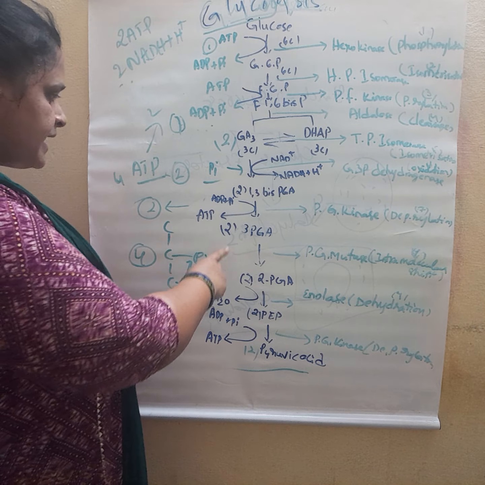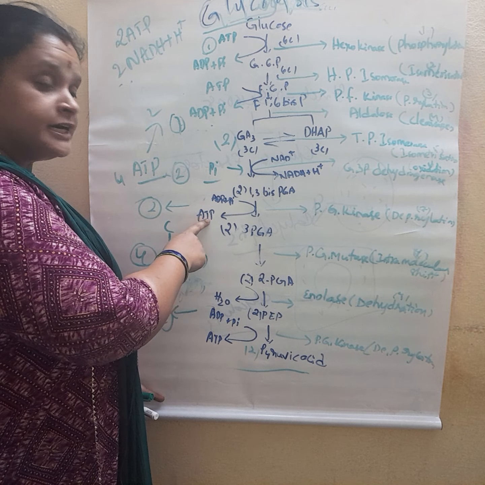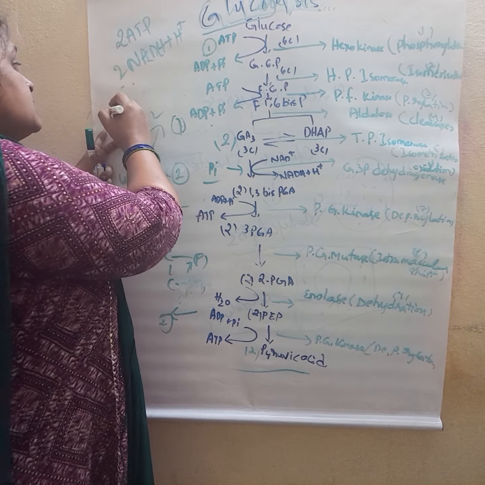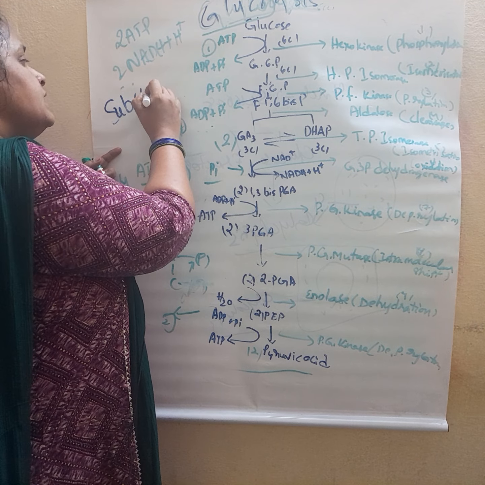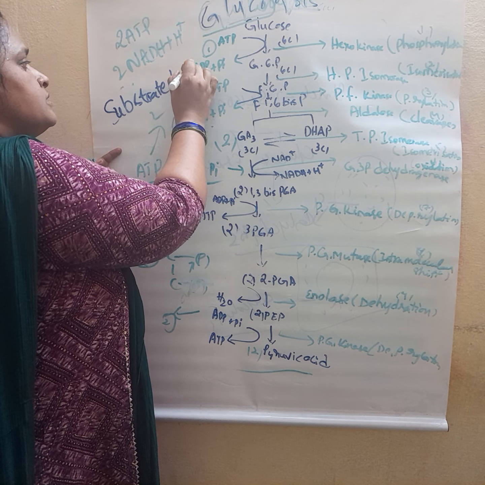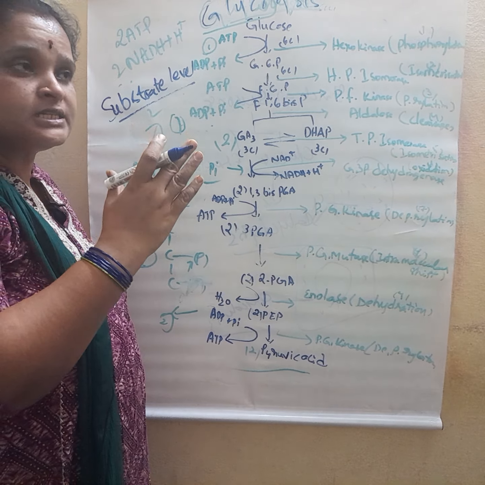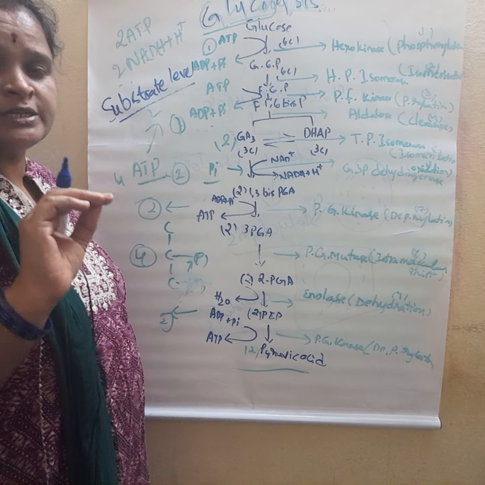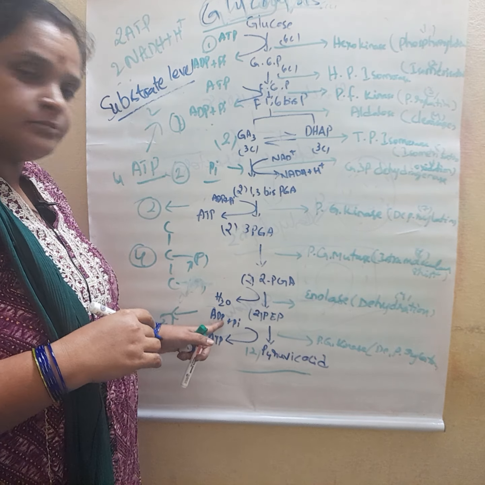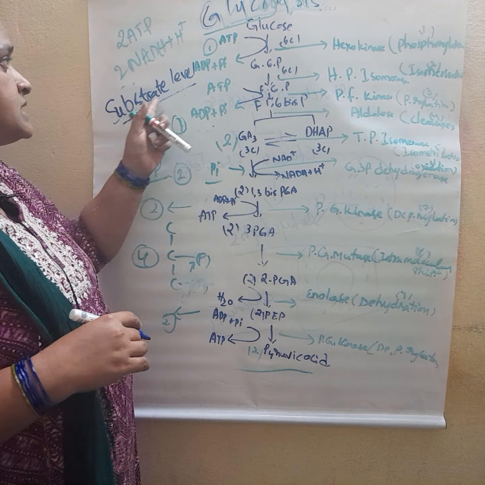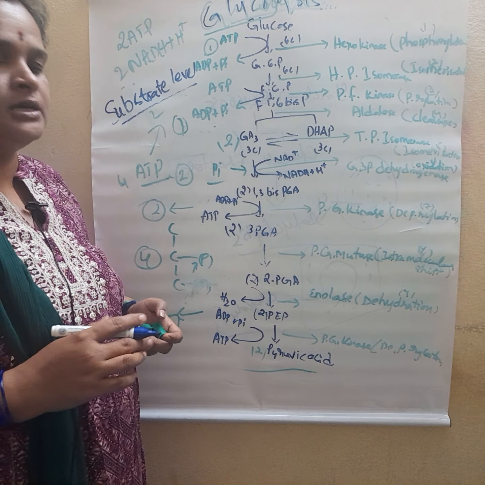Here, directly the substrate is converted into another substrate, releasing ATP, right? So this is called substrate level phosphorylation. You know photophosphorylation means in the presence of light, ATP synthesis takes place. Here the substrate is directly forming the ATP, that's why it is called substrate level phosphorylation.